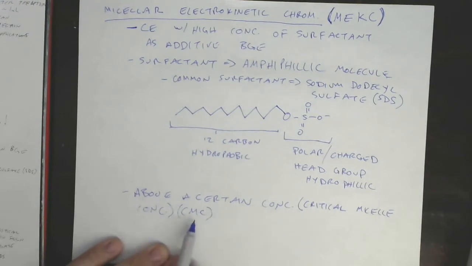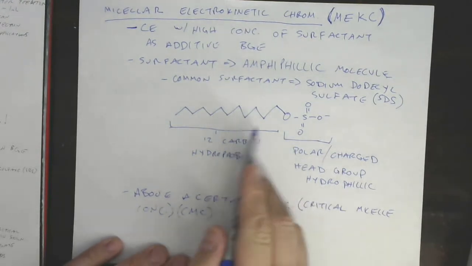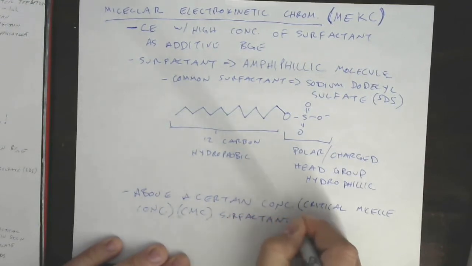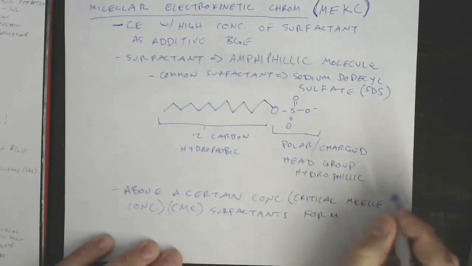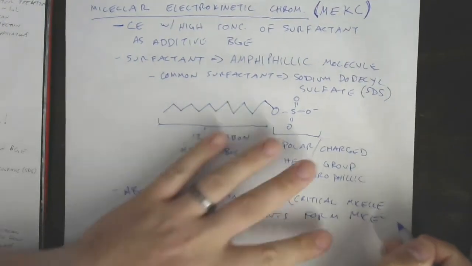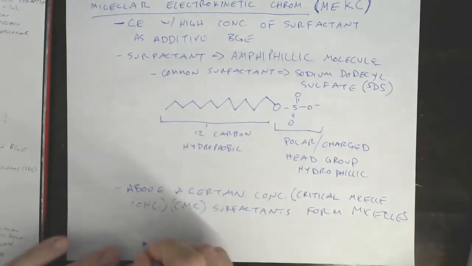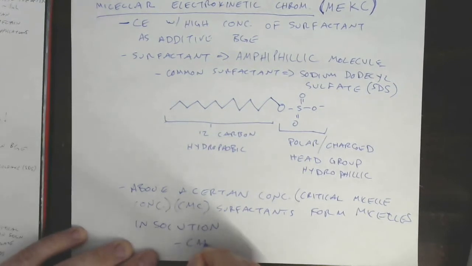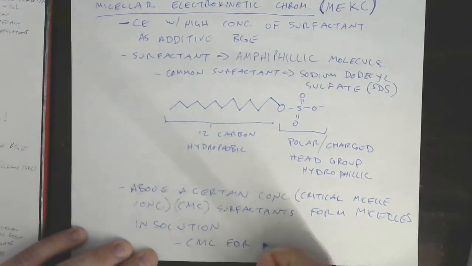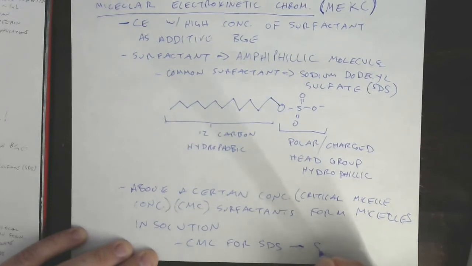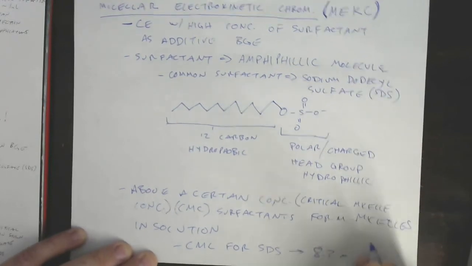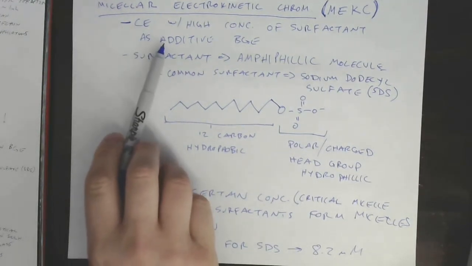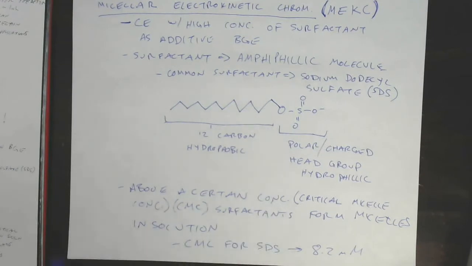So above some concentration called the CMC, these surfactants form micelles in solution. And I can tell you that the CMC for SDS is about 8.2 millimolar. So if you're above a concentration of 8.2 millimolar as an additive in your background electrolyte with this SDS, you're going to get these micelle structures.